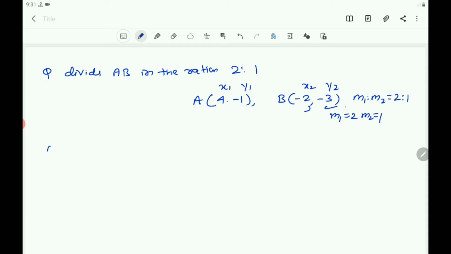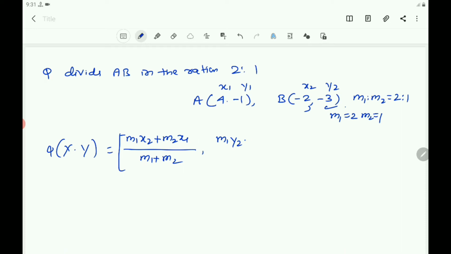Then you take Q of (X, Y) equals, you write the same formula, (m1 x2 plus m2 x1) by (m1 plus m2), and also (m1 y2 plus m2 y1) by (m1 plus m2).